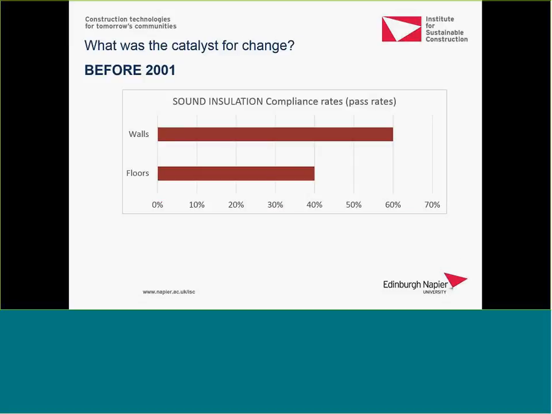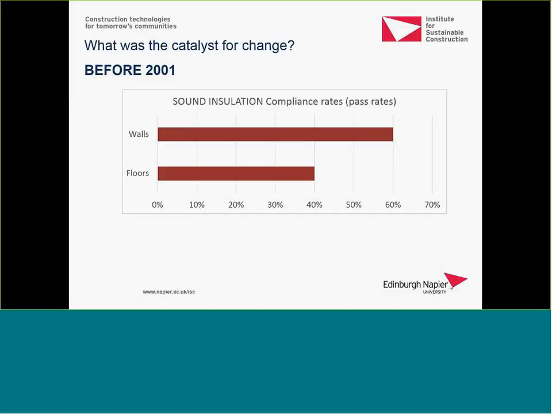So what was the catalyst for change? Well, before 2001, one of the highest issues for complaints that the house building sector had was for noise and sound insulation. In a study undertaken by the Building Research Establishment, which gathered a series of data from various sites, they found that the compliance rates or pass rates for sound insulation for separating walls, these are walls which separate attached houses or are built in apartments, was only about 60%.